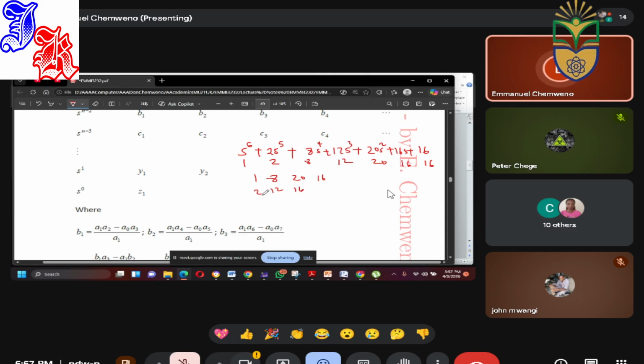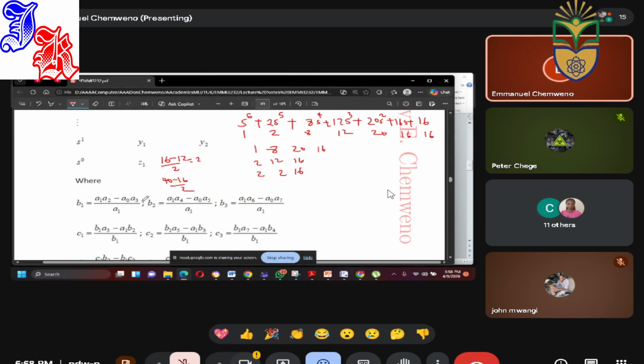Now for these I need somebody with a calculator. 16 minus 4 over 2, this is 2. 40 minus 16 over 2 is a 12. This becomes 16 here, because 2 times 16 is 32, minus 0. The next is 32 minus 0 over 2, which is 16.